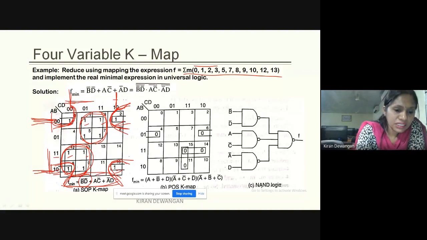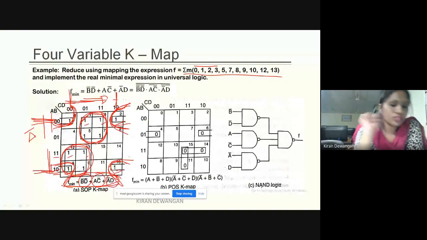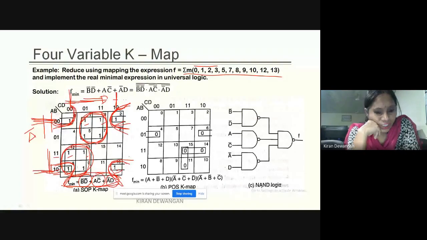So that is AC bar. Clear? Now I'll take this quad. इसमें I have to consider these 2 rows and these 2 columns. So what is common here? It's A bar. And what is common here? It's D. So it is A bar D. So this is how we'll get the expression.